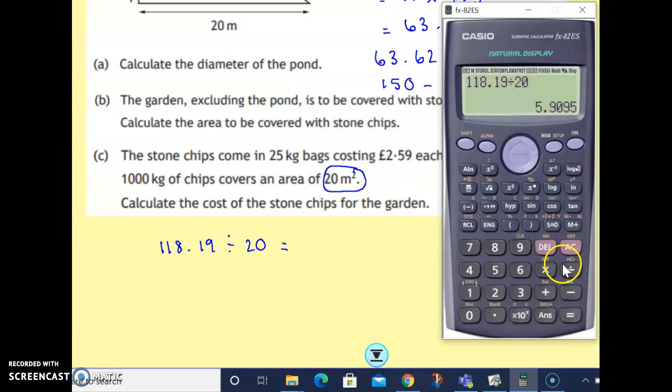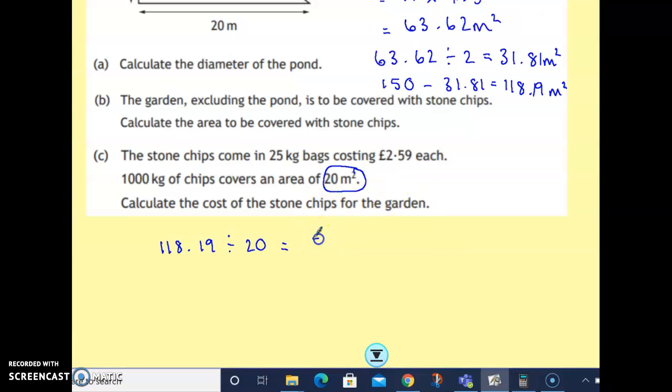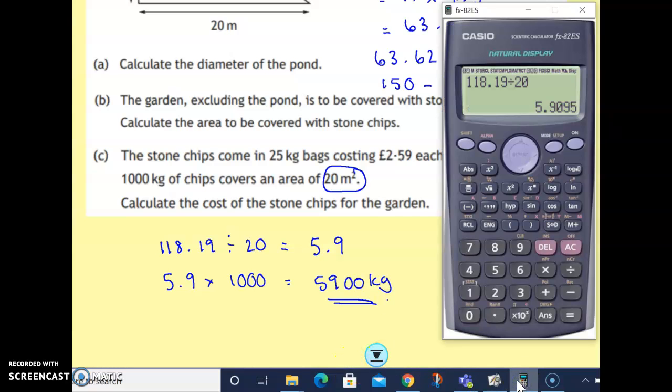That gives me 5.9. So that means I need 5.9 lots of 1,000 kilograms, so 5.9 times 1,000 is 5,900. I need 5,900 kilograms of chips. I should have taken that to more decimal places.